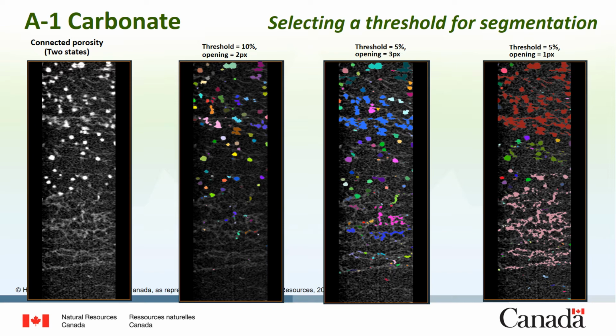As you can see here on this example of an A1 carbonate sample with 3 different thresholding scenarios, the threshold selection is a crucial step. The threshold selection has to be made in order to realistically capture the macropore network without giving too much, unrealistic weight, to macroporous areas. Those macroporous areas are detected by the saturation technique, but they are not fully resolved at the medical scan scale.